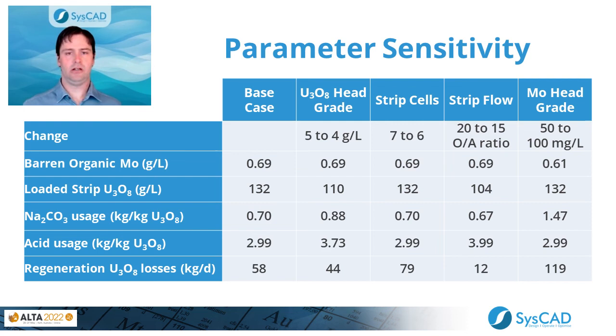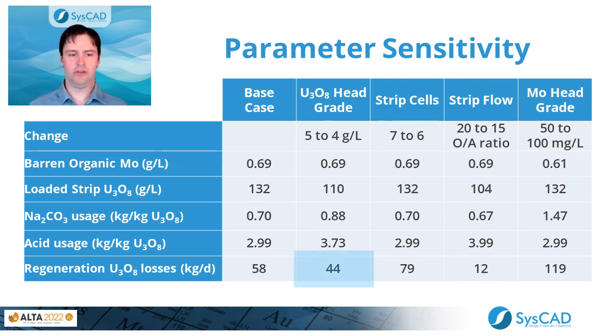So you can see here, as you expect, lower U3O8 head grade causes a drop in loaded strip U3O8, an increase in sodium carbonate usage per kilogram U3O8, simply because you have less uranium coming through, and a similar effect on acid. So it's really due to the fact you have a smaller denominator in the KPI for reagent usage.